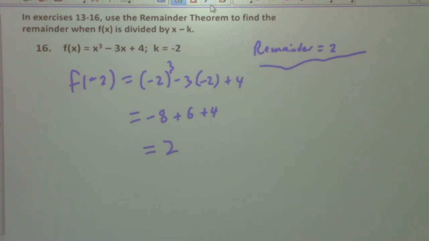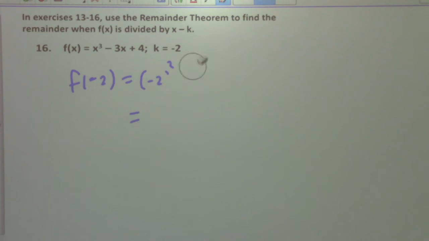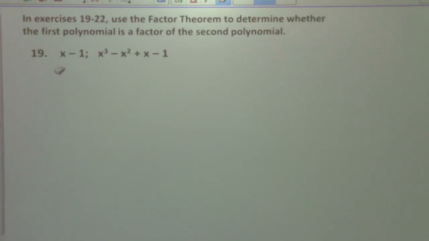Now, the next one here is kind of the other side of the same coin, which is called using the factor theorem. So sometimes I see them called the factor and remainder theorem, since they're essentially the same thing. But it's the same process, but you're looking for something different, essentially.